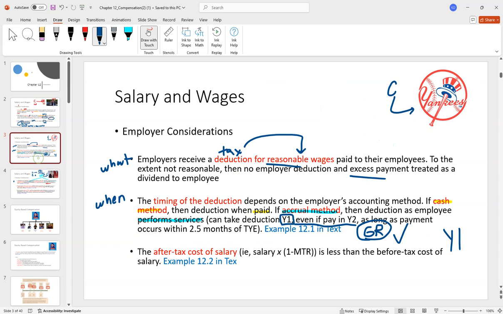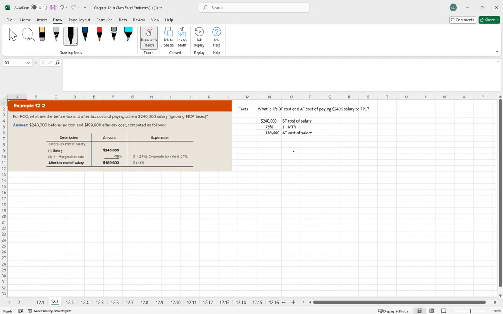The other thing to be aware of is the after-tax cost of salary. This is just recognizing that corporations get a deduction for that compensation expense, so we have to factor that in. Here, yes, we pay our employee $240,000, but remember, we're going to get a compensation expense deduction for that, which offsets at a rate of 21%.